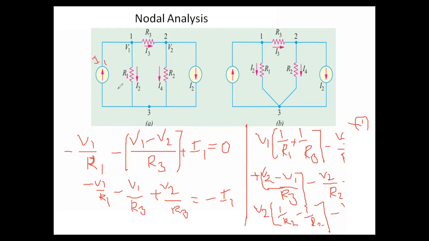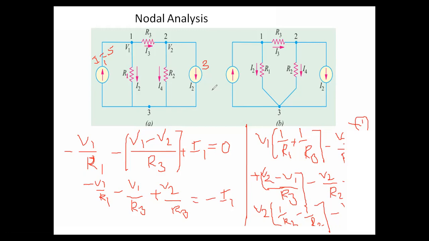Here they are not given the current values, so you can assume a current of 5 amperes, and I2 is a current of just 3 amperes, like that. No problem. So like this we can solve V1 and V2 by using nodal analysis. It is also important. Mesh analysis, nodal analysis, star to delta, delta to star, and finding the equivalent resistance.